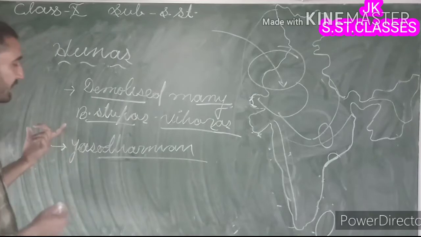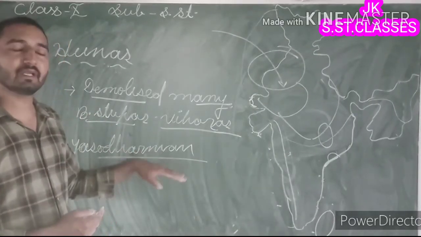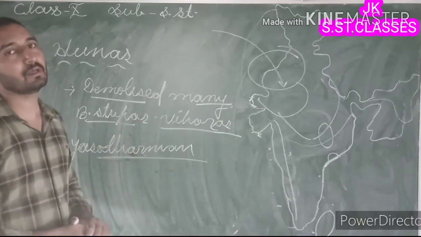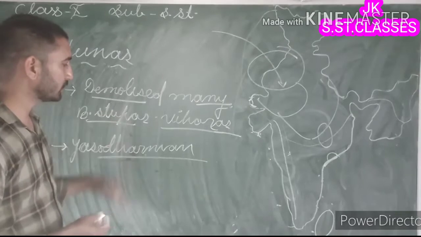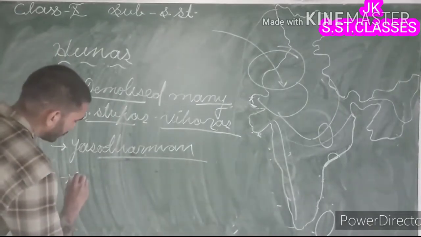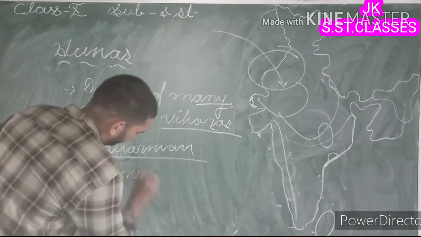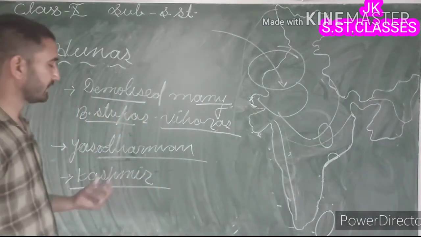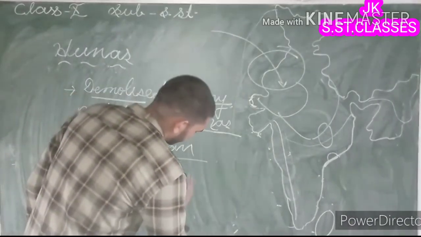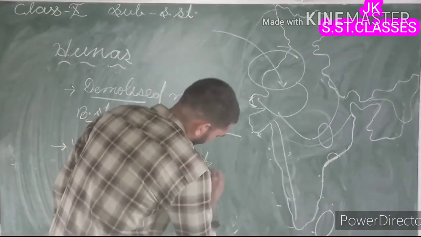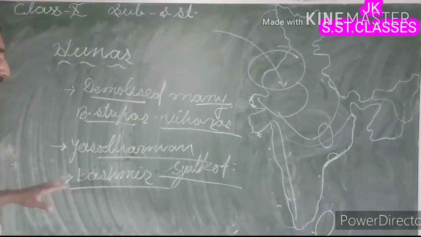After that, at the time of Mihirkula, Yashodharman revolted against Mihirkula and defeated him. After this defeat, Mihirkula went to Kashmir and established his empire there. His capital was Sialkot.